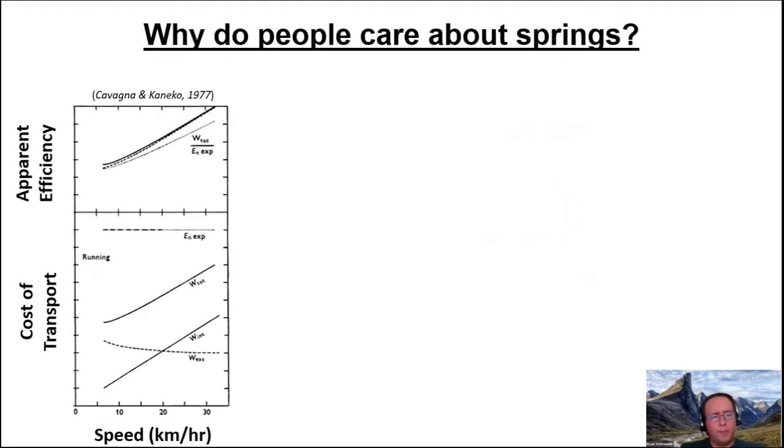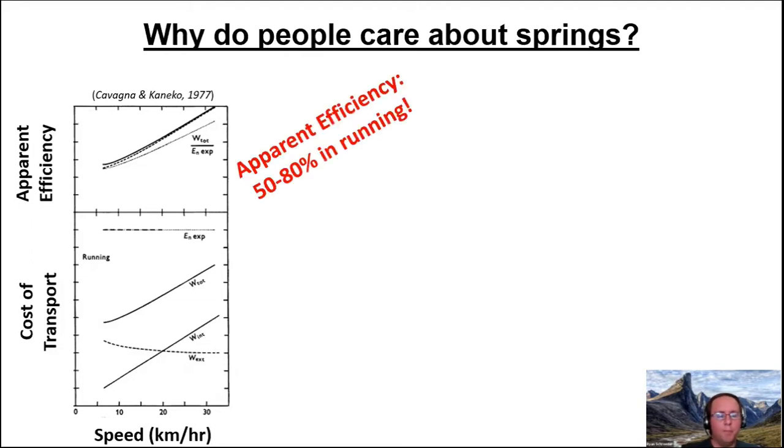Well, one of the things people have argued is that if you just consider the work done on the center of mass by ground reaction forces during running, and you compare that to the metabolic cost associated with that running, you get these apparent efficiencies that are quite high, in fact. So ranging from 50 to 80% in running for the positive work done by these ground reaction forces.